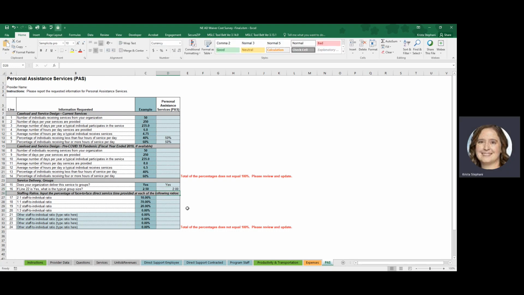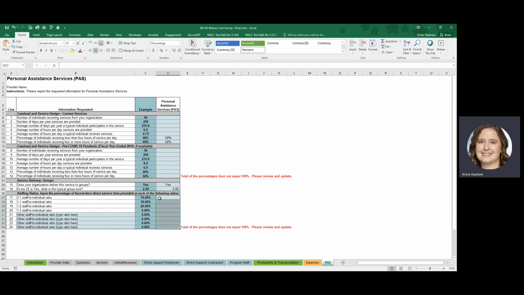To provide us with a little bit more information related to staffing ratios of your agency, we're also asking you to provide an estimated percentage of the services provided within the following staffing ratios. What we mean by staffing ratios is this first number is the number of your direct support professional staff. And then after the colon is the number of individuals or participants receiving the service.